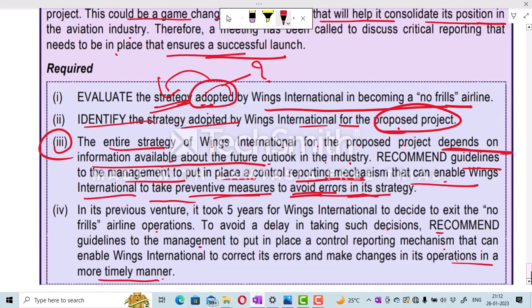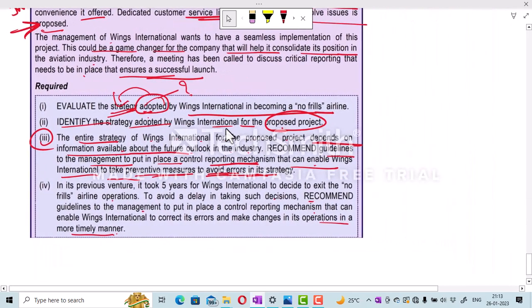So it is asking for a better control reporting mechanism in order to avoid any errors. So let's discuss what we can do. The strategy that should be adopted here is feed forward control.